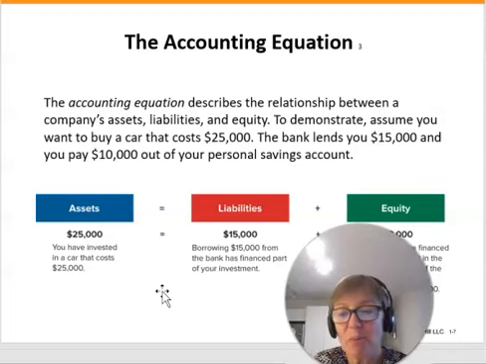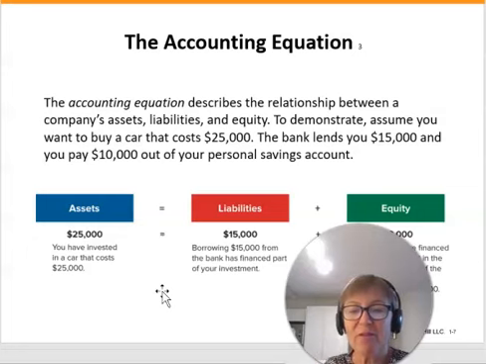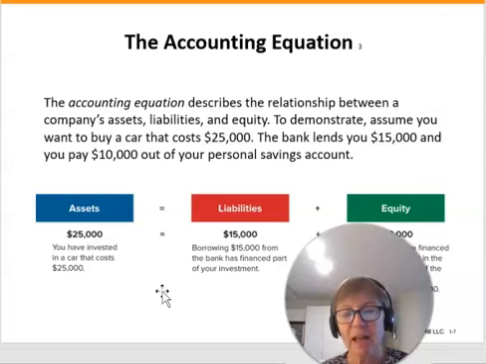Okay, we've signed the papers, we've registered it, it's in our name, we own that asset. But we haven't completely paid for it yet. Okay? The other side of the equation, because all of our equations have to balance. Okay, so any transaction, anything that happens in our company has to balance. Okay, assets have to equal liabilities plus equity.